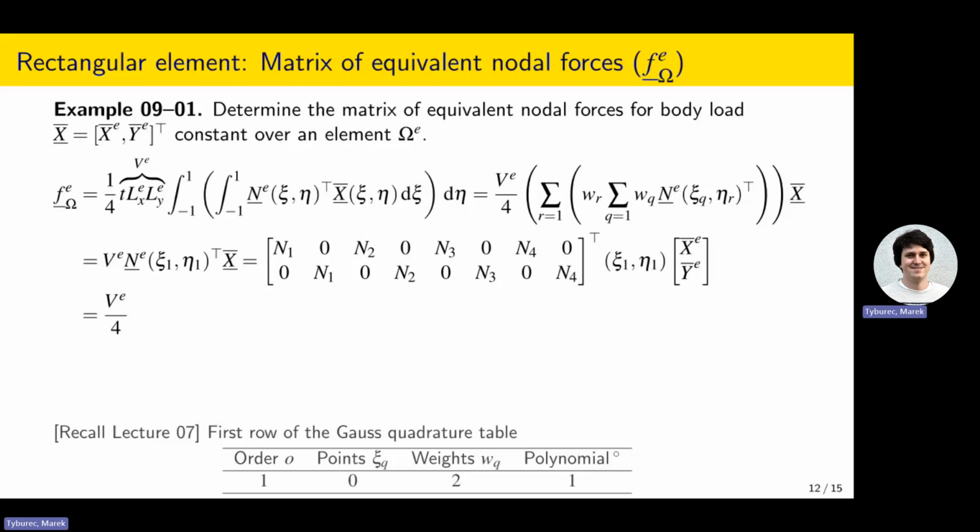So in 2 dimensions, we will have f(x, y) dx dy. And so now we have integration. We will have w_r in the outer index, and now there's an inner part which is w_q f.